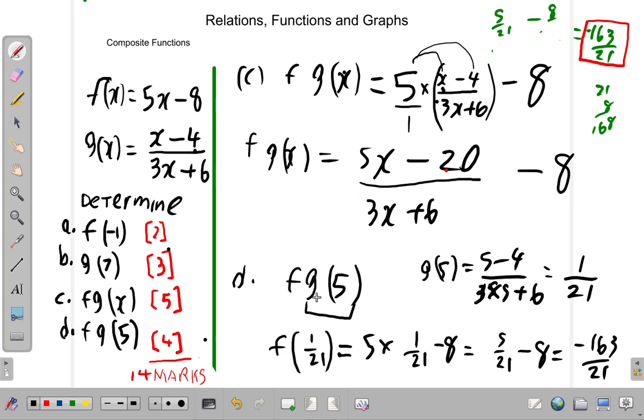In other words, you write g of x, then remove the x and put 5 there to get g of 5, and you work it out. After that, you find f of whatever answer you got here. In this case, we got 1 over 21 as the answer, so we found f of 1 over 21: 5 times 1 over 21 minus 8. Alright? So, those were a few examples on composite functions.